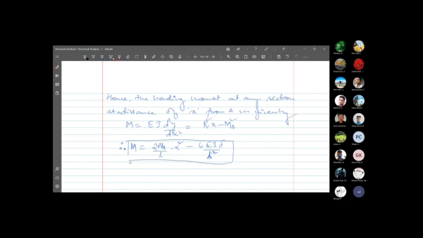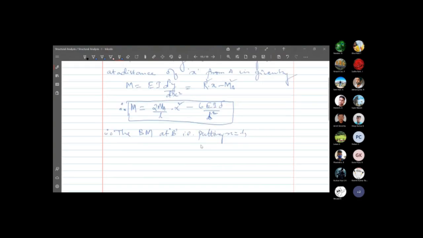The bending moment at B, putting x equals L, we have M equals MB equals 2ma by L into L square minus 6 EI into delta by L square.